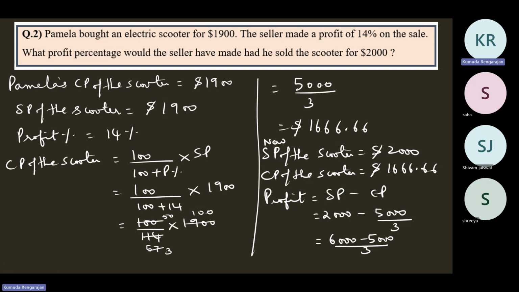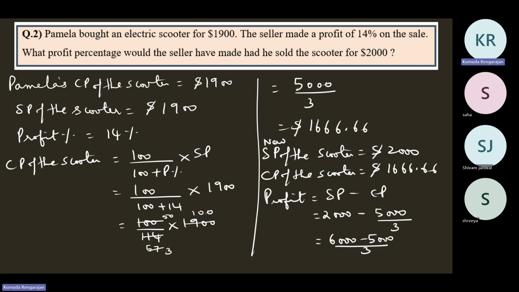Okay. So all the information given is from the seller's point of view. For the seller, the selling price is 1,900 and the profit percent is 14%. So for the seller, the cost price of the scooter, you can find using the formula, is 5,000 by 3, which is 1,666.66.